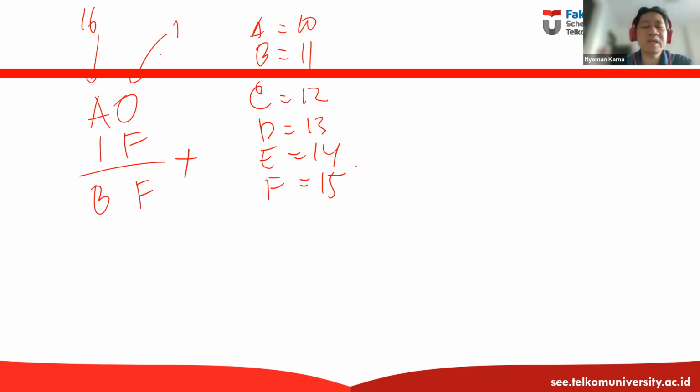Now, how about if there is an addition of hexadecimal that uses a carry? Let's say I have A, F, and then 2, let's say I have 1 in here. Now, F is 15. 15 plus 1 is 16.